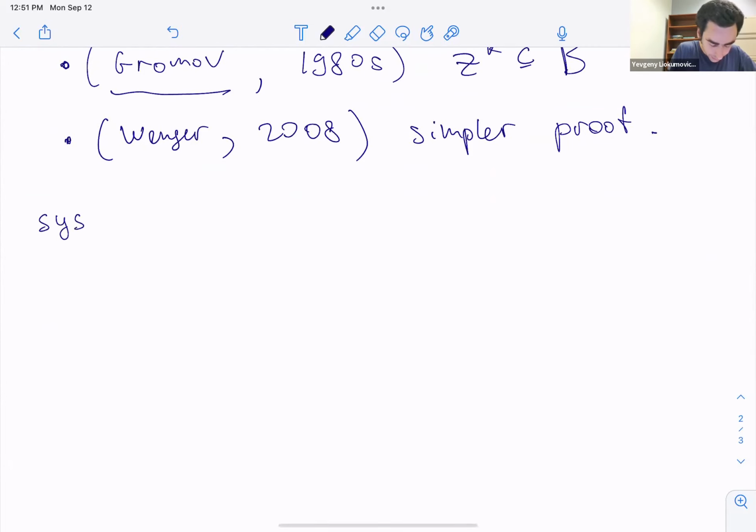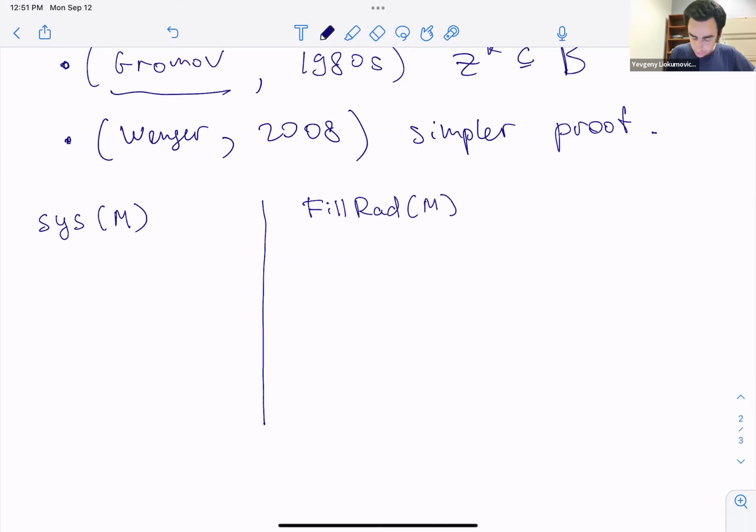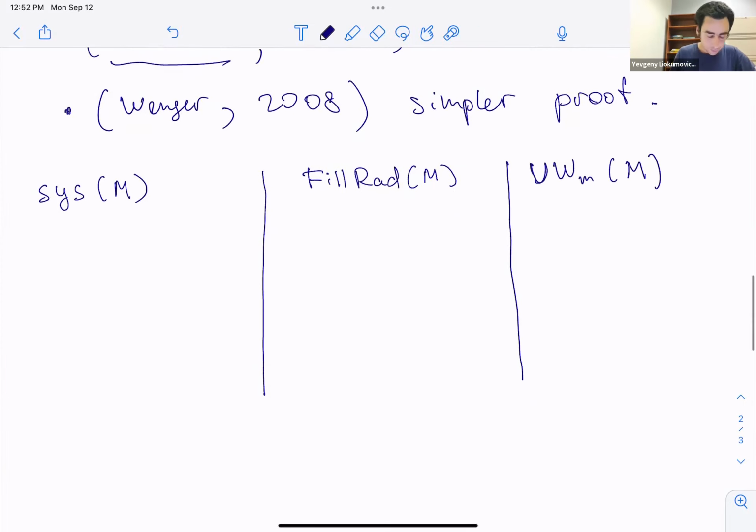So one invariant is the systole of manifold M. Another invariant is the filling radius of M. And the third invariant is the Urysohn width. Let's say n-dimensional Urysohn width of manifold M. Okay, so let me define what they are.